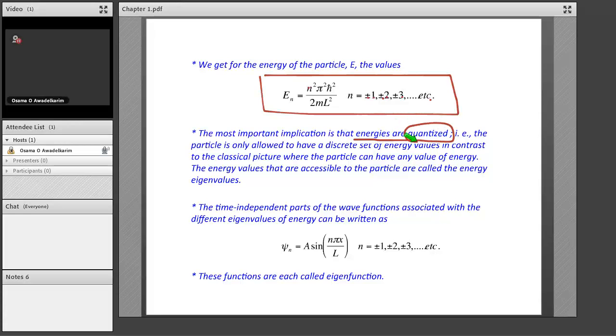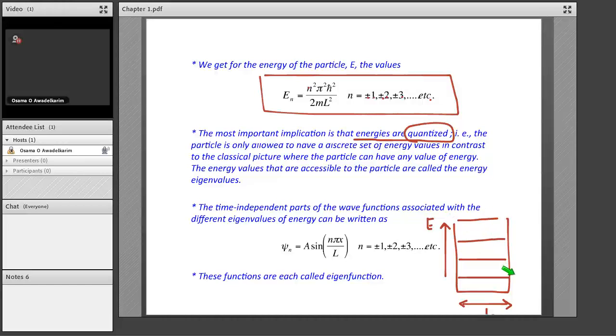Quantized meaning, here we have the box or the region of length L. The energy, here is the energy of the electron, say. The energy of the electron can be this value here, or this value here, or this value here, or this value here.